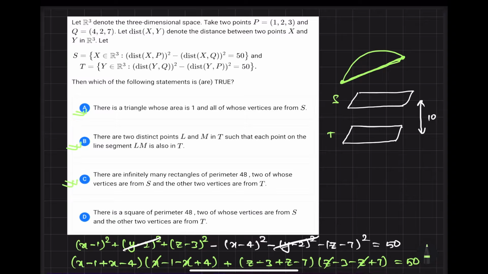So suppose that we have created a square of side 12. Don't you think we can place it this way? If we have to place it perpendicularly, then we cannot go beyond 10. But if we put it in a slanted way, we can have this as 12 and this as 12. So it is also possible, which means option D is also correct.